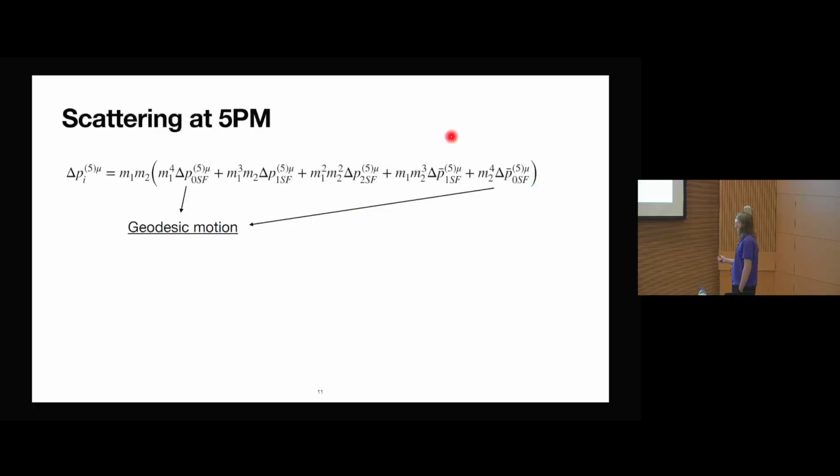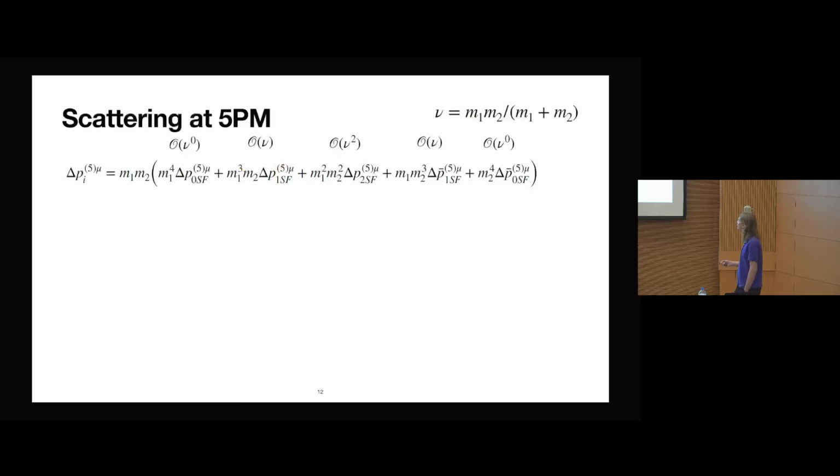So if this is the geodesic motion, these terms here have to give some corrections to that. And indeed, if we look at this as an expansion in the mass ratio, these terms here give us the correction, the linear correction in the mass ratio. And this term gives us the quadratic correction. And this is then also often referred to as the self-force expansion.